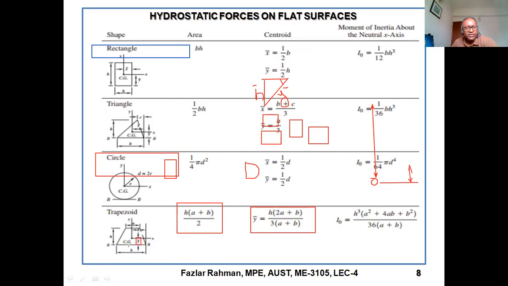That means y bar is the distance of CG from the bigger end. And right over here, this is the I naught. Now, you have to be careful about choosing A and B. Remember, B is the bigger end length, A is the smaller end length. If you think this is A, this is B, over here you are still okay. But over here your result will be wrong. That means your problem has to be matched with this formula. So you have to be a little bit careful.